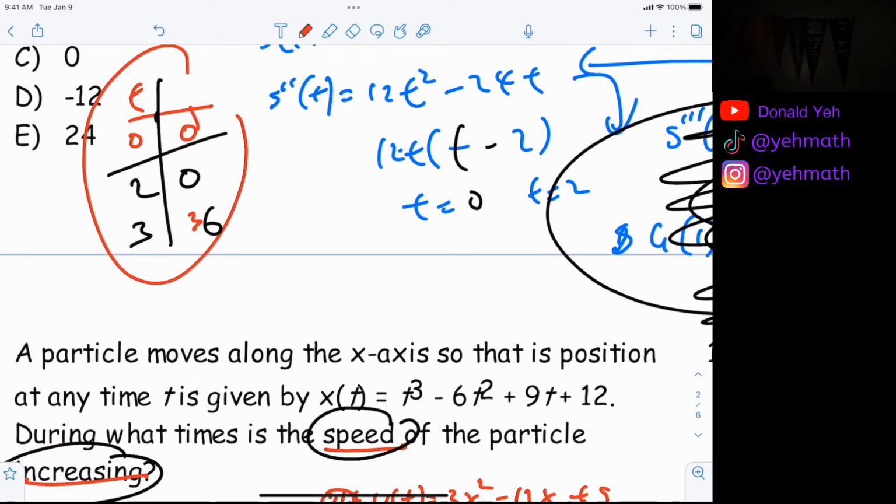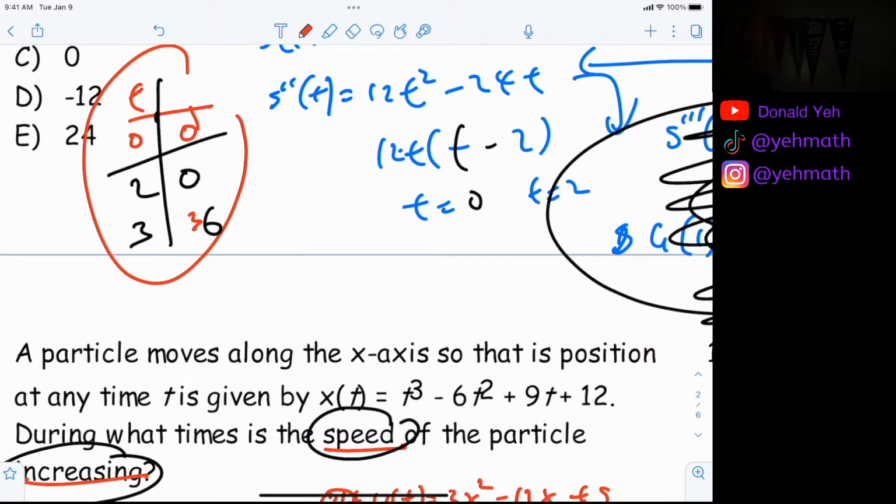A particle is moving along the x-axis. Now you know what speeding up means, because this question is different than the last question. This question says speed is increasing. Last time, the similar question said velocity is increasing, so there was a rudimentary difference. This one, speed is increasing, means you are speeding up.